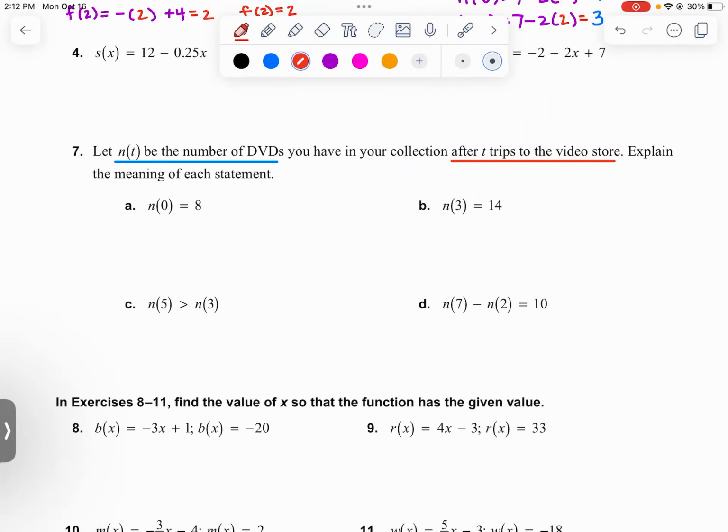What does that mean? Ian. 0 trips. After 0 trips to the store, we have 8 games. Does that make sense? After 0 trips, we have 8 games.